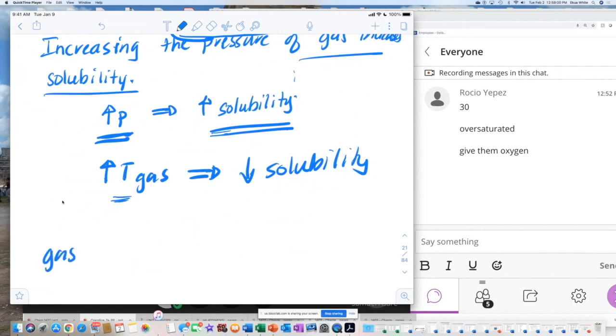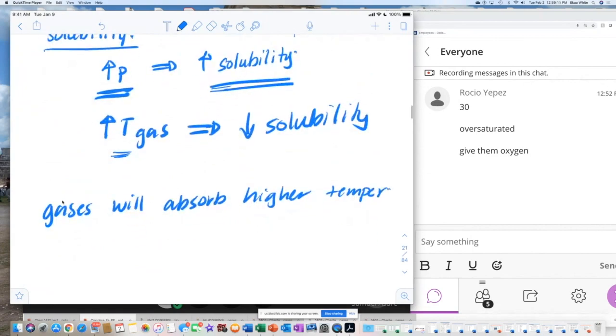So gases will absorb higher temperature and leave the solution. So if your goal is to increase the solubility of a gas, don't add high temperature. If anything at all, cool it.